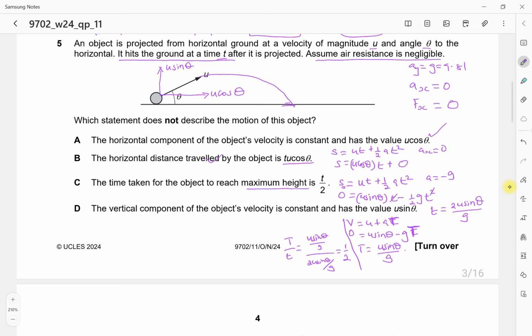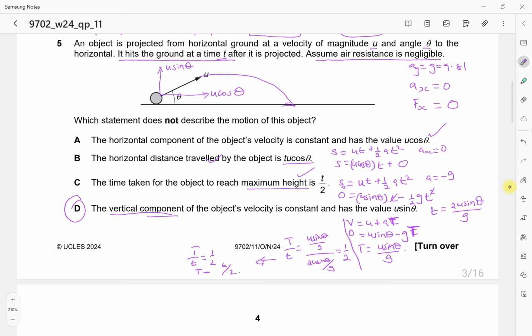So capital T equals small t over 2. So this statement is also correct. So that means the answer is going to be D. The vertical component of the object's velocity is constant.